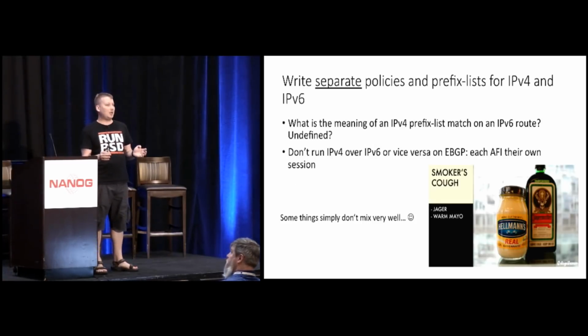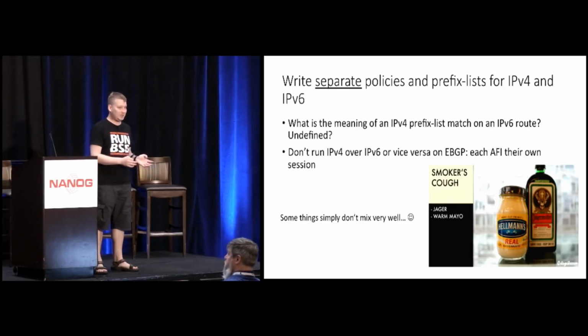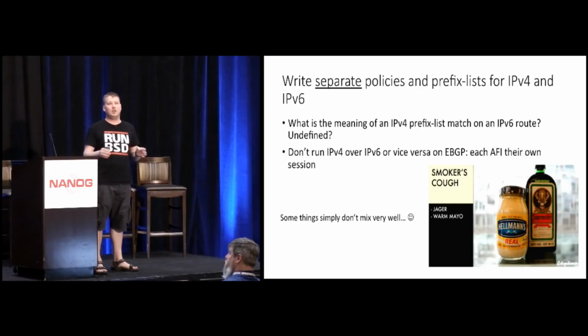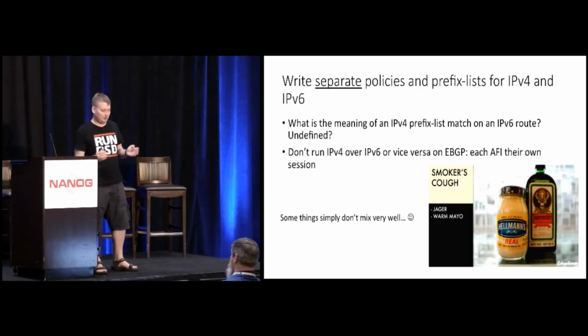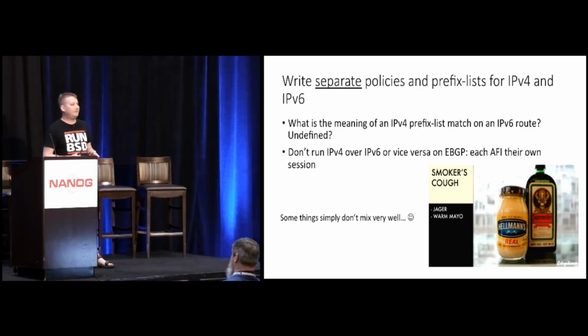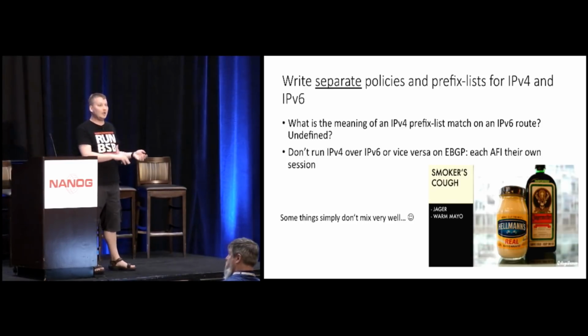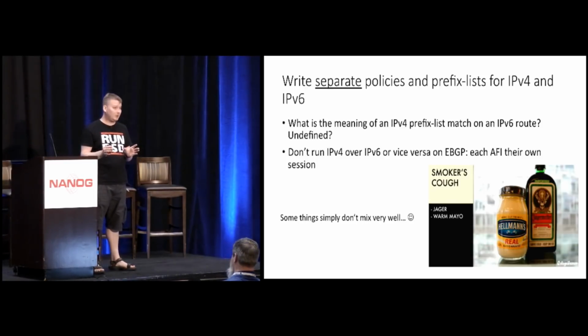Use separate policies for v4 BGP sessions and v6 BGP sessions. Don't try to be clever. Don't mix the address families. Don't run v4 over v6 BGP sessions or v6 over v4. If you do this within your iBGP domain, you could argue that it's nice to use a single transport because it's a single administrative domain.